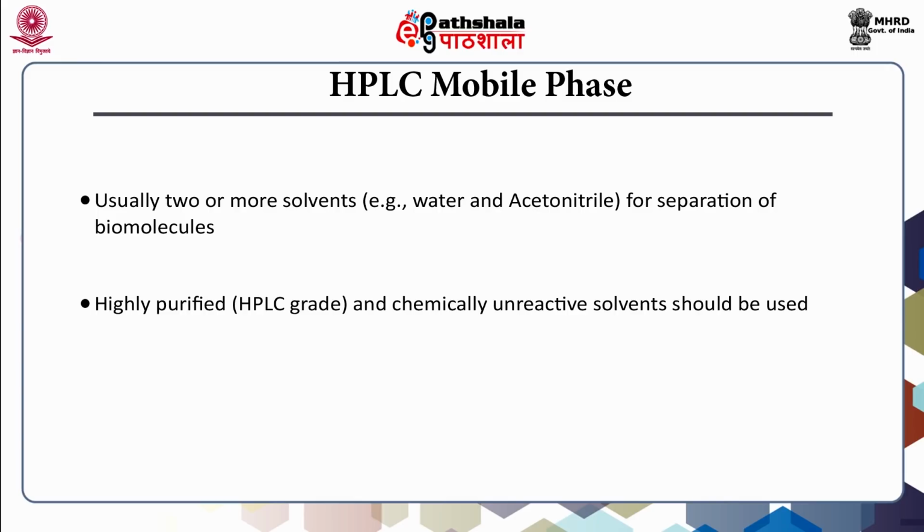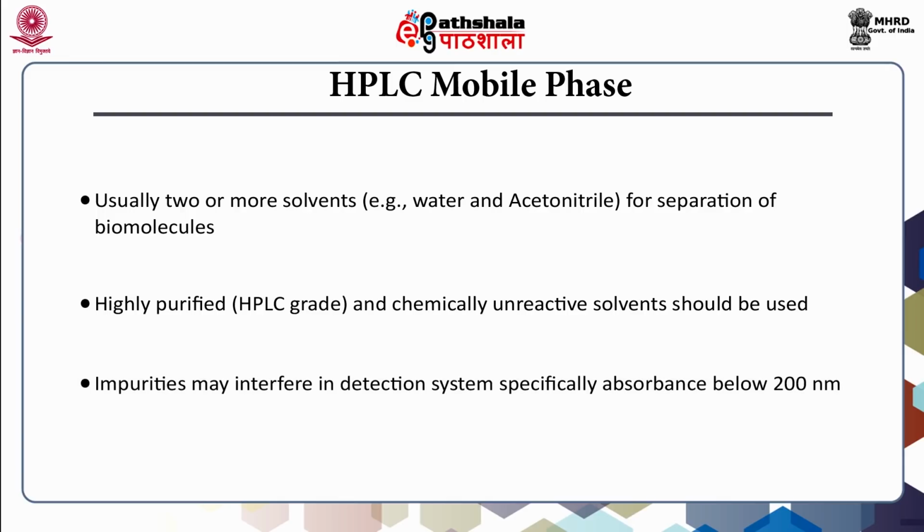Because high purity is required; if there are any impurities, they will interfere in the detection system, especially at a wavelength of less than 200 nanometers. Basically, we need to use HPLC grade chemicals while doing HPLC. That means HPLC requires highly purified HPLC grade chemicals as mobile phase.